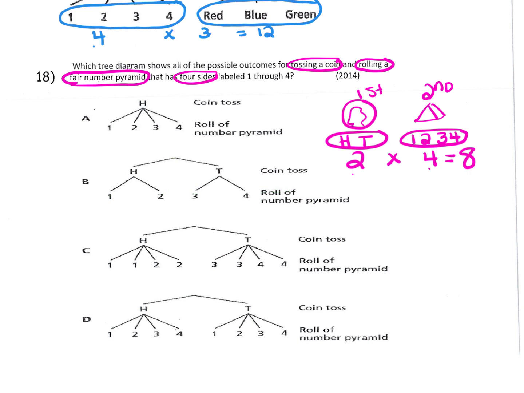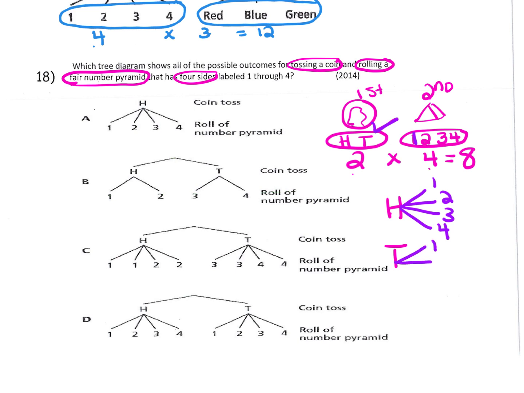But let's draw a tree diagram to display those. You could get, as we look at our first pull, heads or tails. Once you're done with that, you could get heads with a 1, heads with a 2, heads with a 3, or heads with a 4. And the same is true for tails.